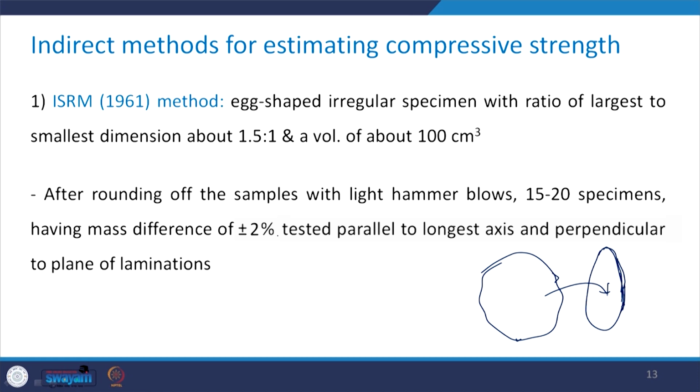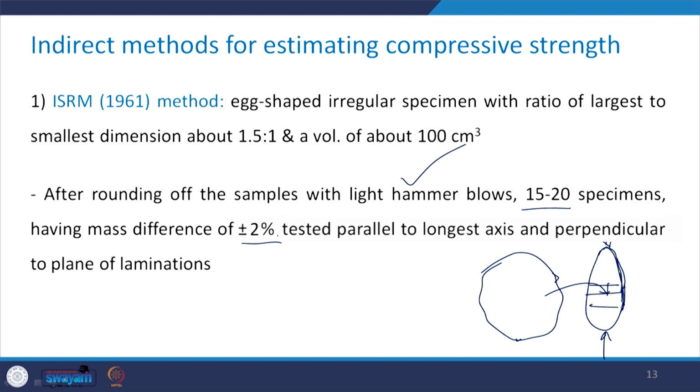So we need to give the light hammer blows and prepare 15 to 20 specimens with a mass difference of plus minus 2%, which are tested parallel to the longest axis. That means it should be tested like this. The load is applied along this, and the planes of lamination should be perpendicular to this.